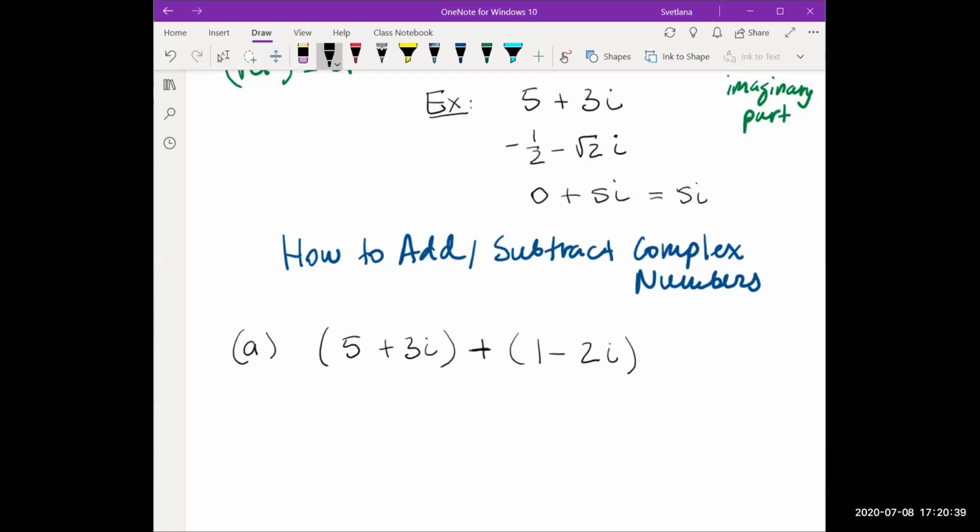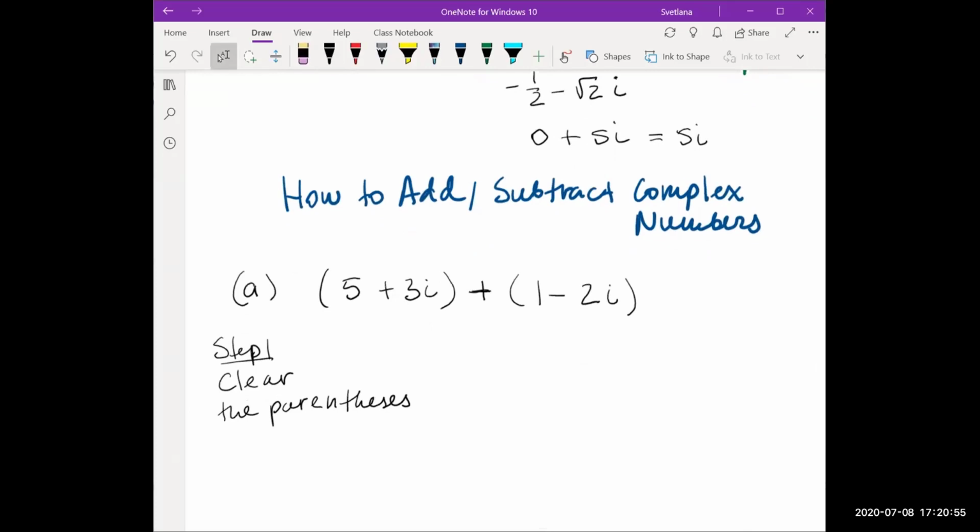To add, let me write the steps. Step 1: clear the parentheses. We clear parentheses the same way as we already know how, following the same rules. The rule is that if there is nothing in front of the parentheses, we can simply drop them.